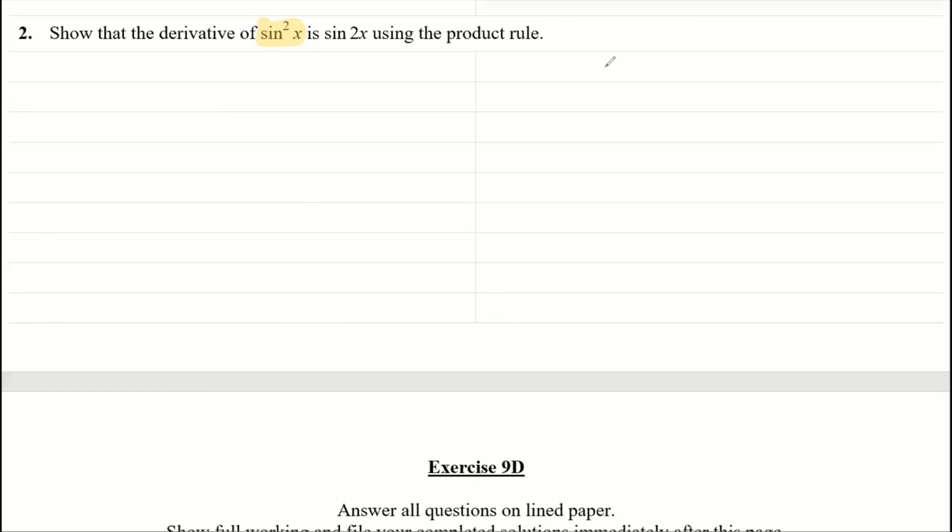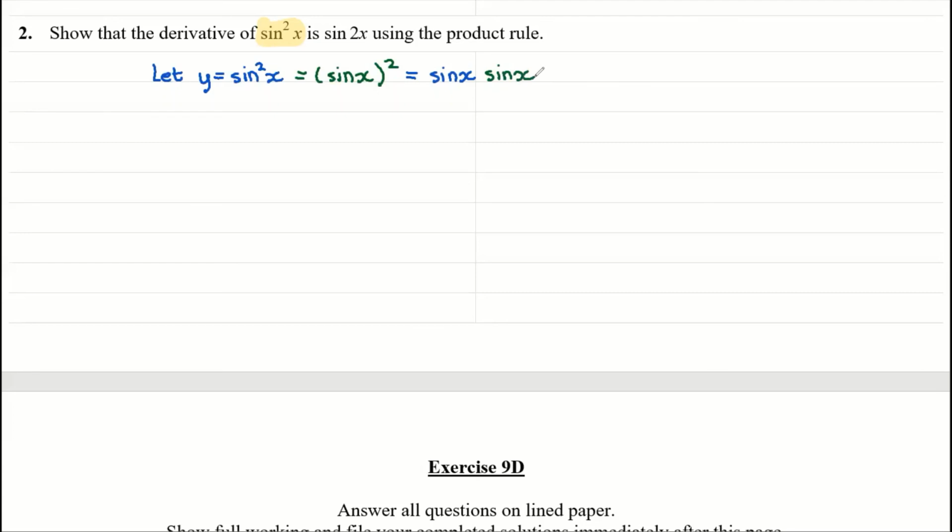So if we use the product rule, first of all, I'll just define y is equal to sine squared x. And if it's sine squared x, of course, as we've already said, this just means sine x all squared, doesn't it? Which, in other words, means sine x multiplied by sine x.